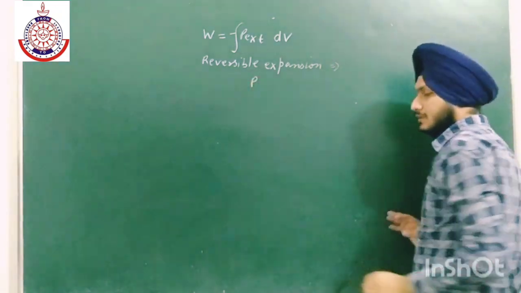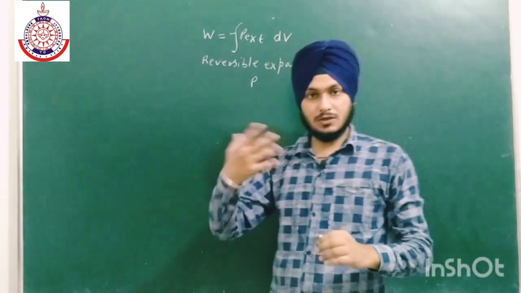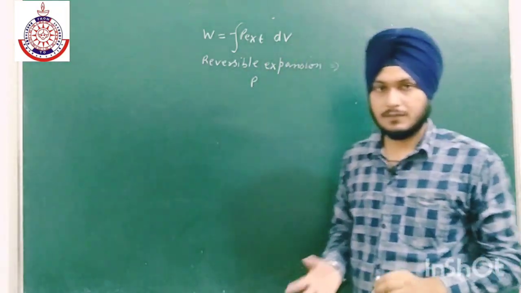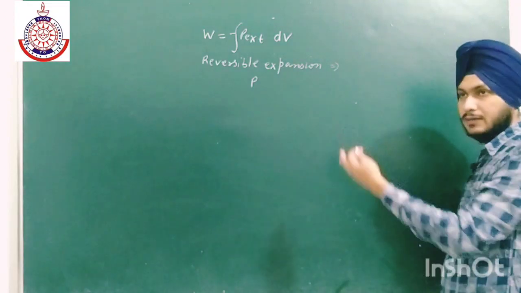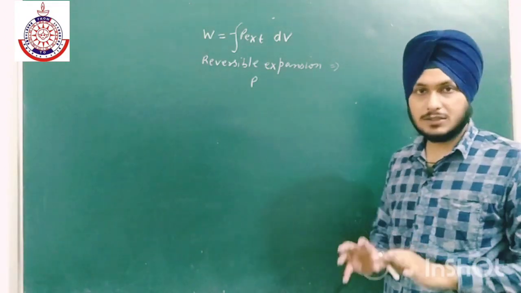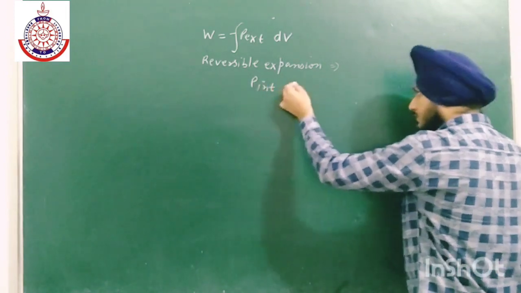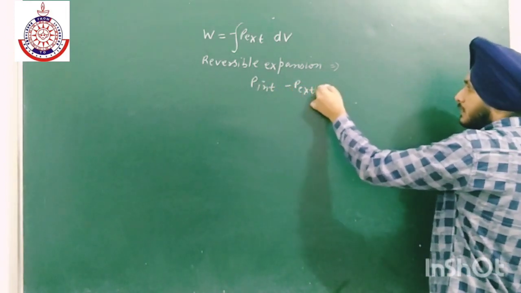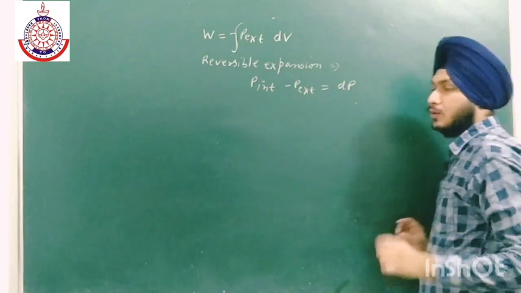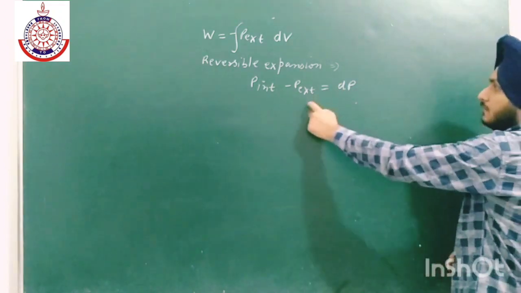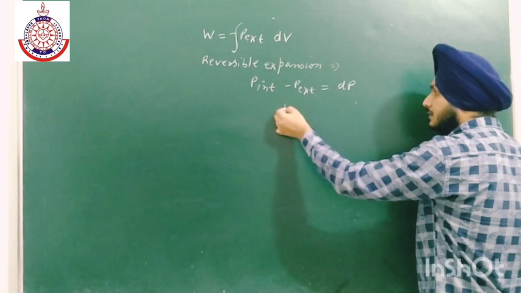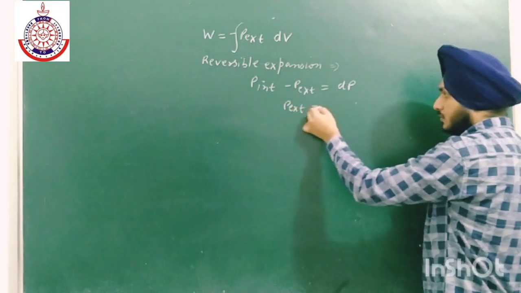So I am just deriving the formula of work in terms of internal pressure, the pressure of gas. I want to derive the formula in terms of the pressure of gas. So here we have P internal minus P external is equal to dP, the small change, and from here we will get minus P external is equal to dP.